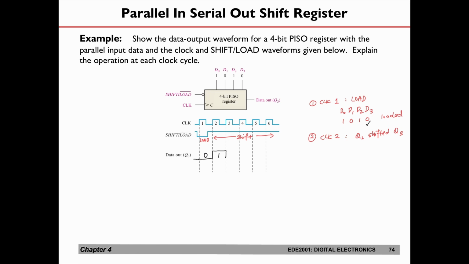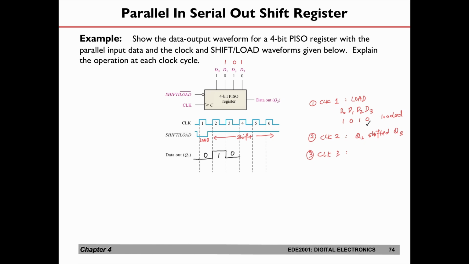Then what do we have at clock pulse number 3? At clock pulse number 3, you have a 0 that is shifted to your D2 now. Maybe I should change this, because this is now 101. So the D2 output is 0, and that gets shifted into D3, and now the output of D3 is a 0.